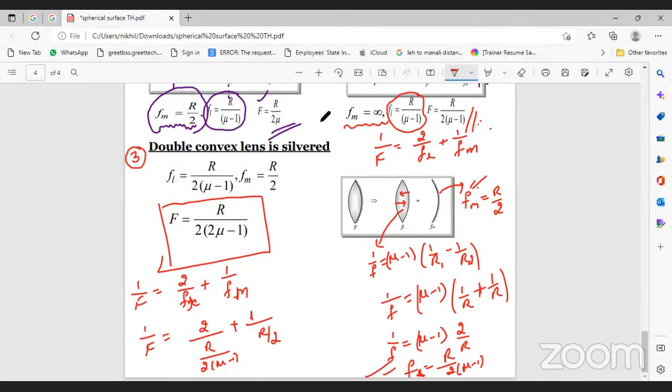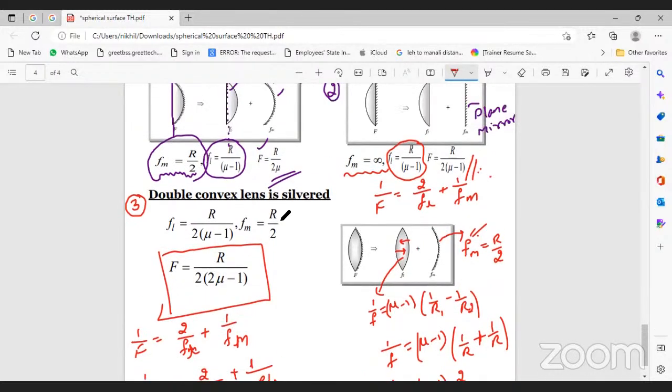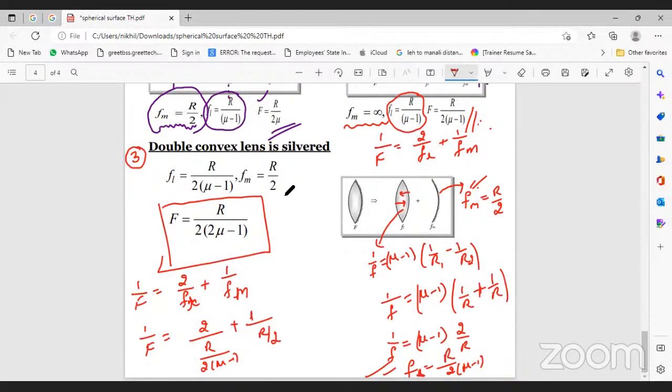So this is how you are going to analyze the problem based on the double convex lens when it is silvered. If you have any doubt related to this, you can ask. This is the concept of how refraction takes place in a spherical surface and in the case of a convex lens.